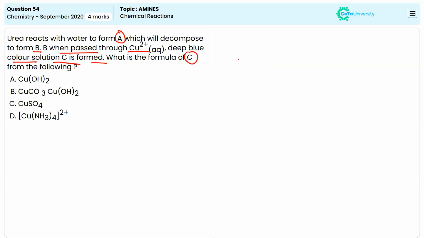Okay, so we can start from urea, that is NH2CONH2. So what is the reaction? When urea reacts with water, they will produce ammonium hydroxide, NH4OH, and carbon dioxide.